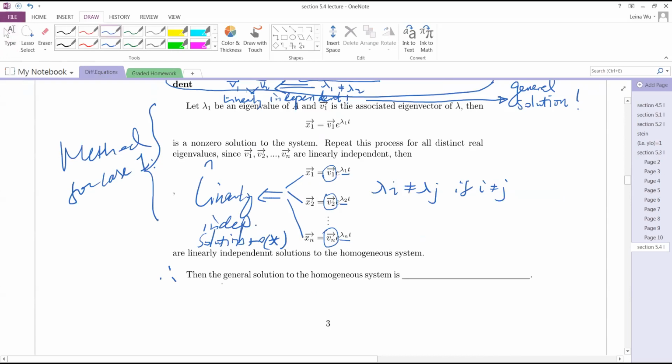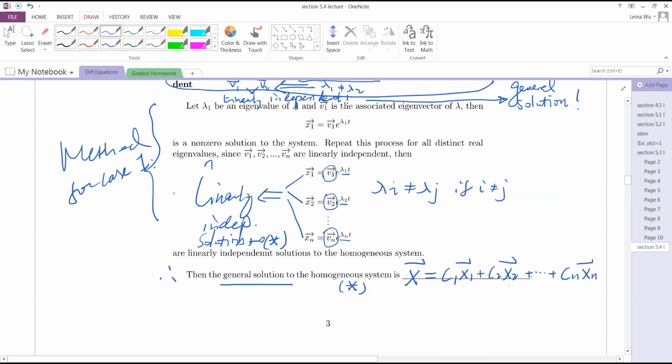So can we fill in this answer? The general solution to the homogeneous system star would be a linear combination of those x1, x2, up to xn. So x will just be c1 x1 plus c2 x2 plus and so on, plus cn xn.